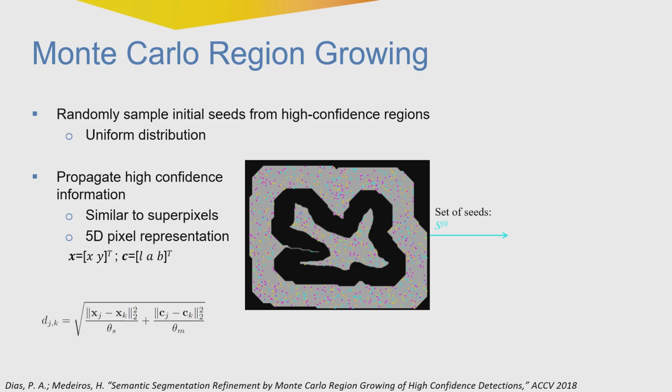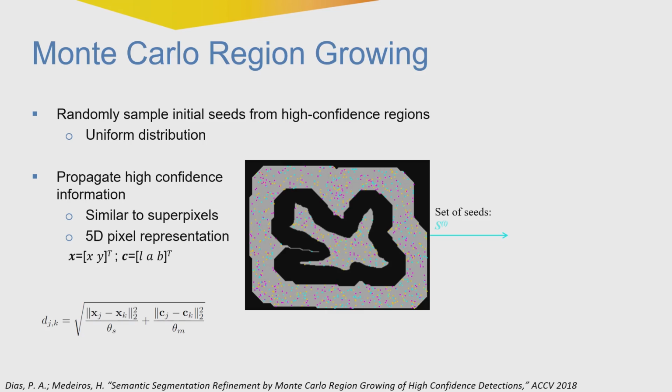And we need to classify the region of uncertainty based on what we have available from the high confidence region. So the idea is we sample seeds from the high confidence region. We have 3 different colors here, and each color illustrates a set of seeds that we are sampling randomly from this region.